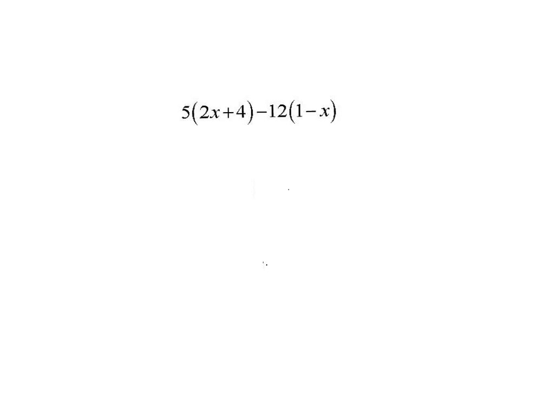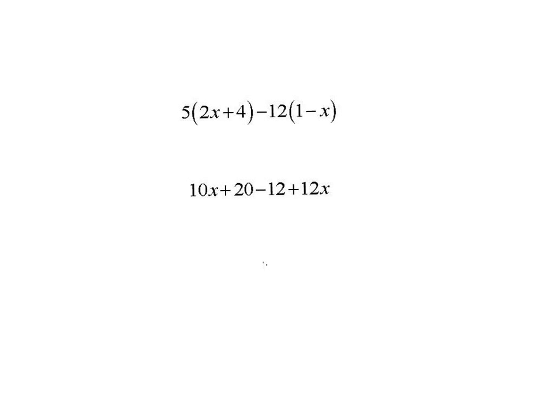So let's go through this expression piece by piece and do the multiplying. 5 times 2x gives us 10x, and 5 times 4 gives us 20. Then we need to do negative 12 times 1, and then we need to do negative 12 times negative x, which will give us positive 12x.